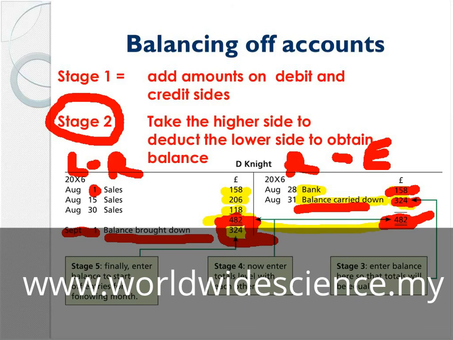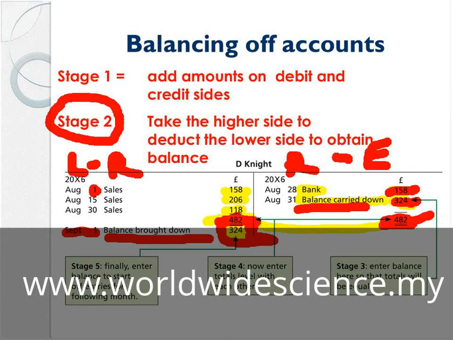Total sales, which is 482, minus the bank 158, which is equal to 324, the balance carried down.